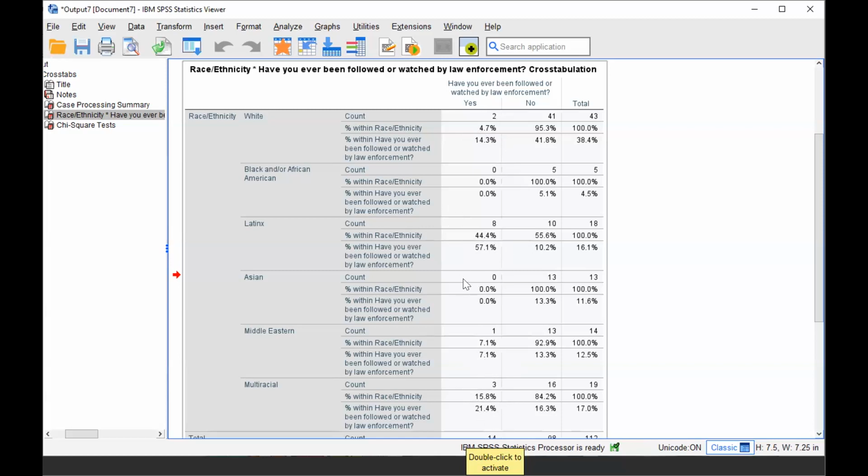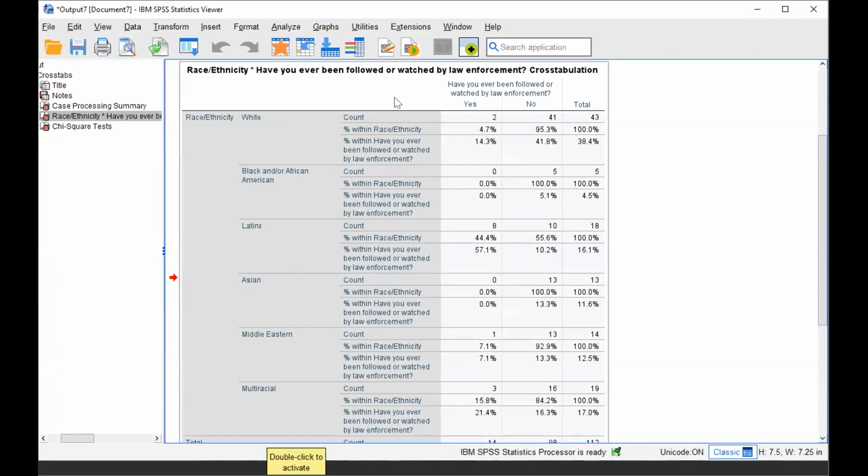The problem with a column percent is that it doesn't give us a percentage that takes into account the uneven n sizes between groups. So in this case, we usually use the row percentage so that we can see the representation better.